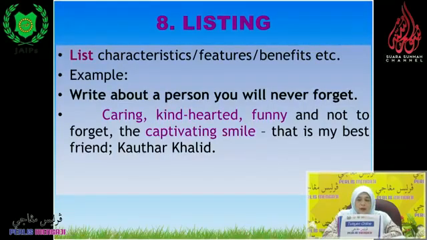Notice that although you are going to list the characteristics, there are only 4. 1, caring, 2, kind-hearted, 3, funny, and the 4th one is captivating smile. Do not list 20 characteristics in the opening paragraph. Okay? There are already 8 ways, the listing.